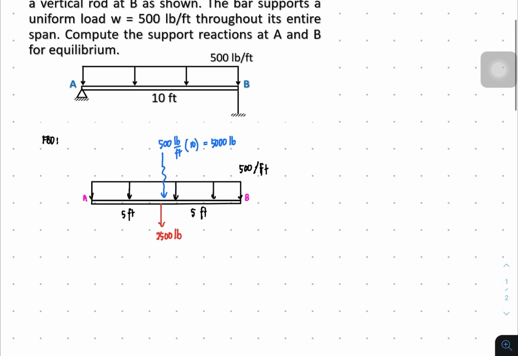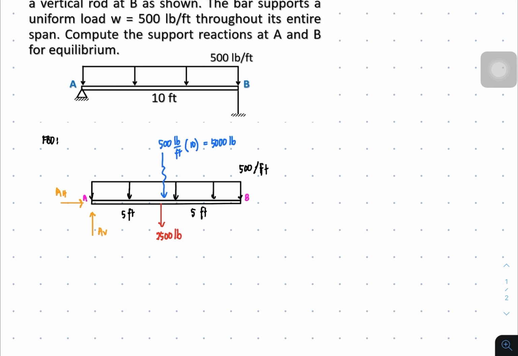Then we're going to translate what type of reactions we would provide there, since that is a hinge. There will be two reactions, one vertical and the other horizontal. For the vertical, I'm going to call it AV, and I will assume it to be upward. For the horizontal, I'll just call it AH, and I'm going to write it to the right.